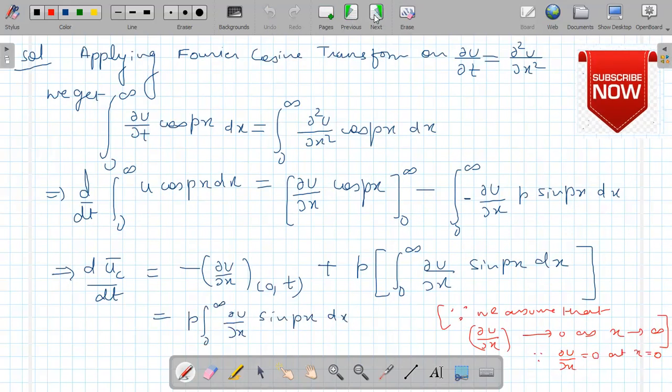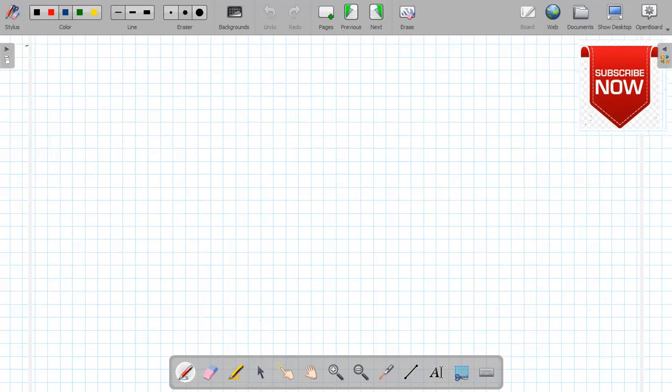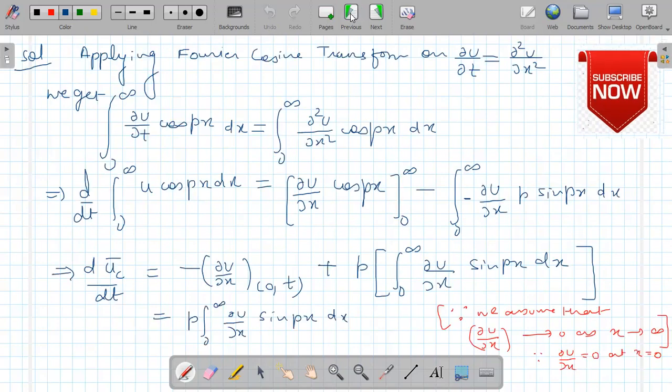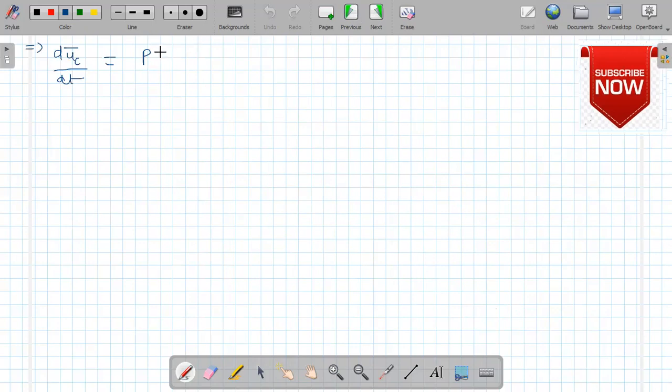We have d u c bar over dt is equal to p, u sin px, minus p integral u cos px dx.